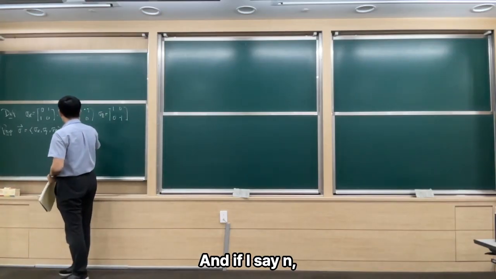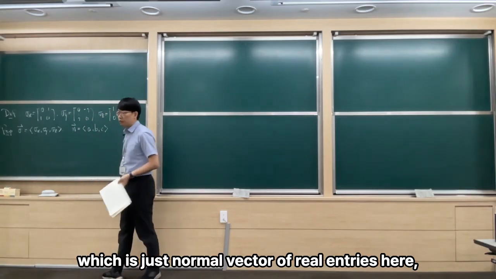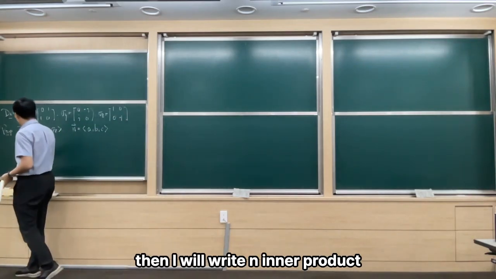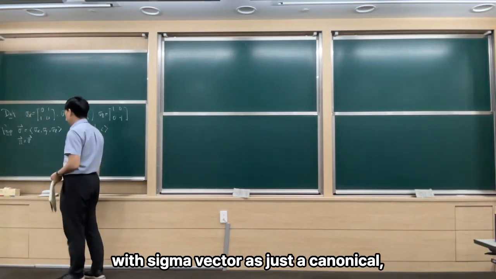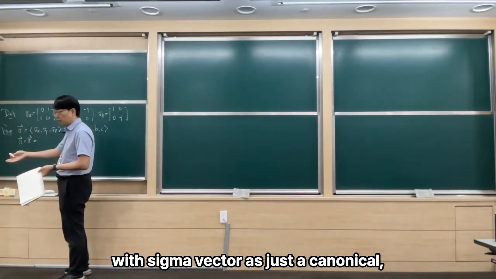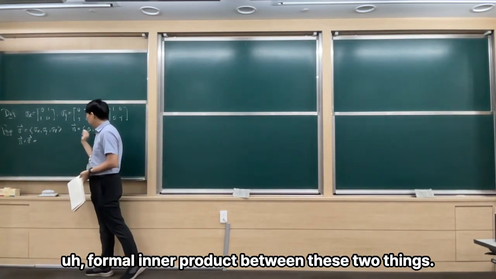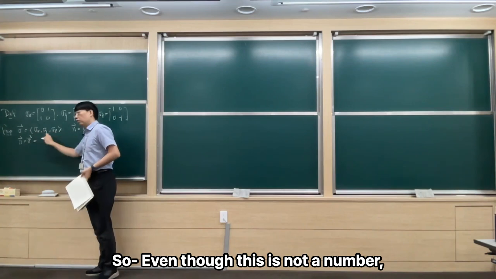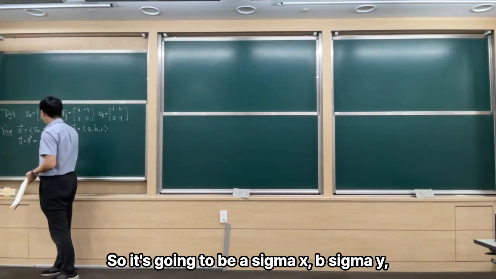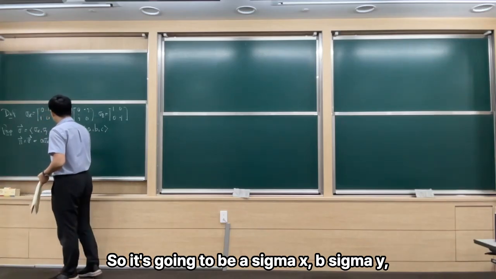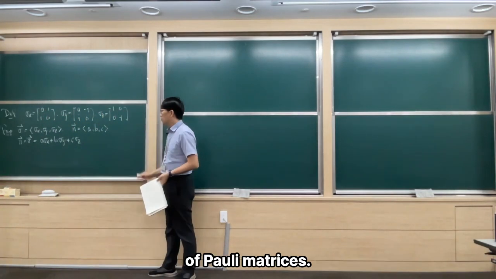And if I say n, which is just a normal vector of real entries, then I will write n inner product with sigma vector as the canonical, the formal inner product between these two things. Even though this is not a number, I just take the inner product as if these are numbers. So it's going to be a sigma x, b sigma y, and c sigma z. It's just a linear combination of Pauli matrices.